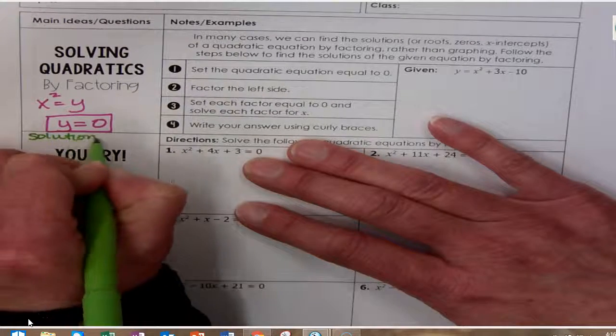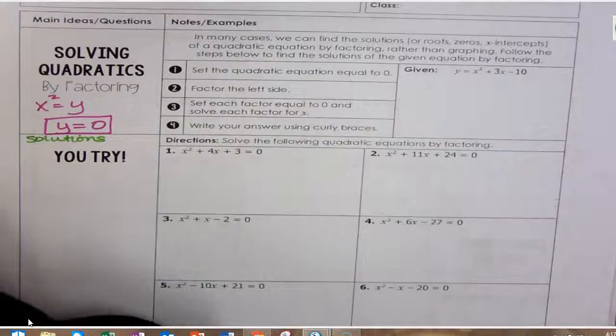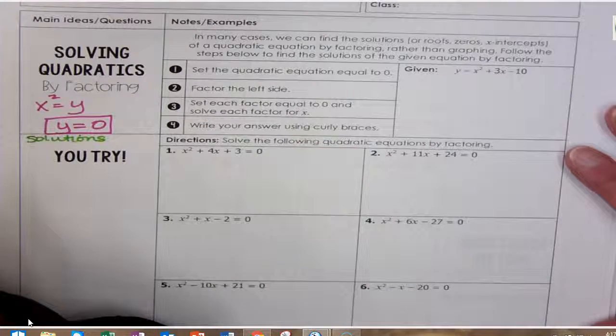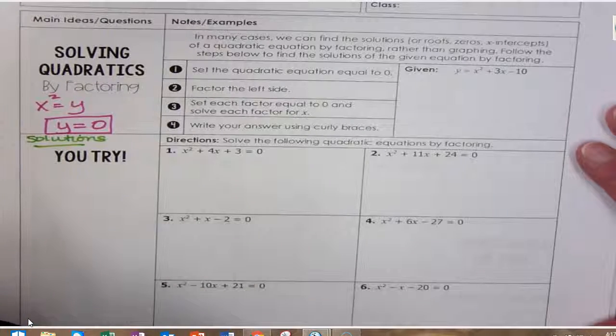So if I was to look at these equations, right, our zeros, our solutions. And so now we're actually going to solve. We're solving. So we're looking for what are those solutions, okay?